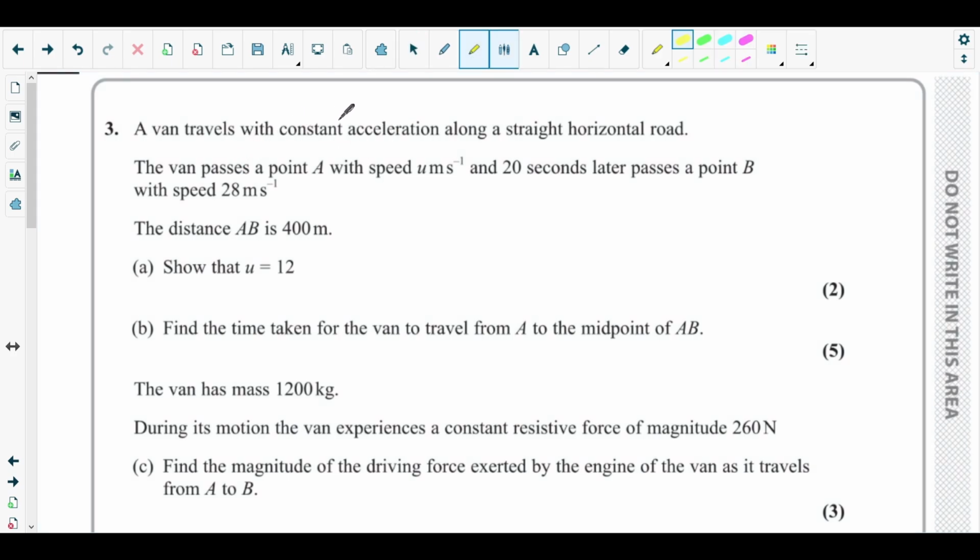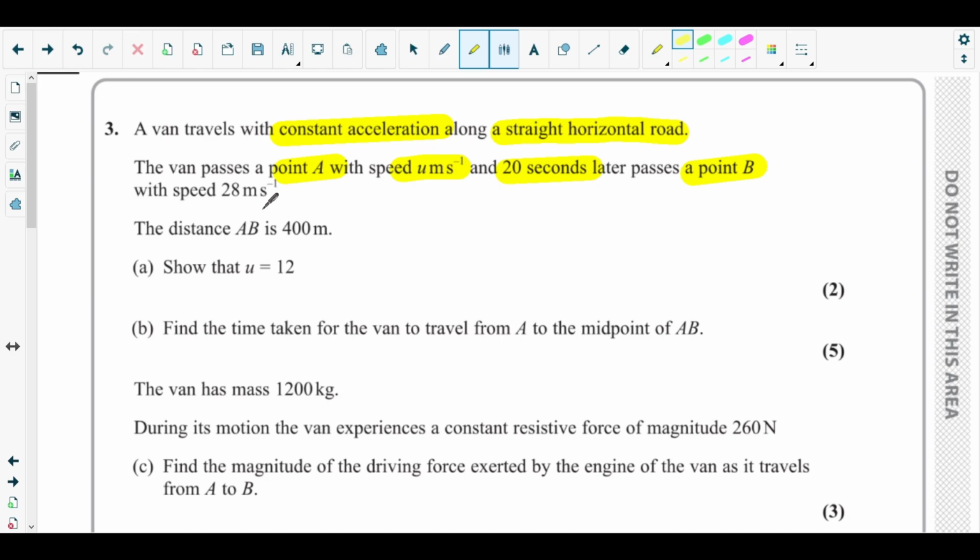A van travels with constant acceleration, keep in mind, along a straight horizontal road. The van passes a point A with speed u meters per second, and 20 seconds later passes a point B. So the time difference between passing the two points is 20 seconds.